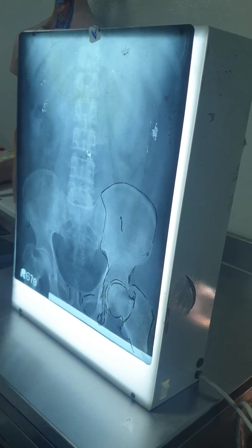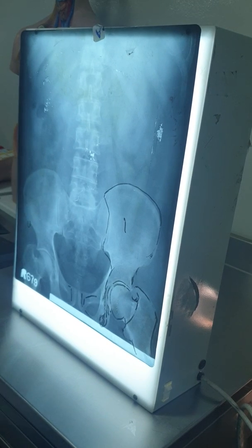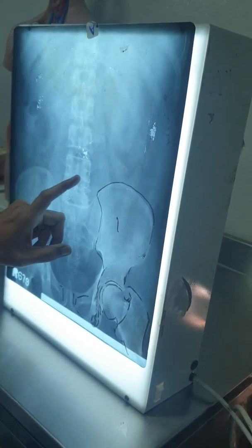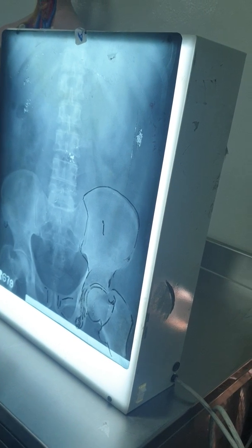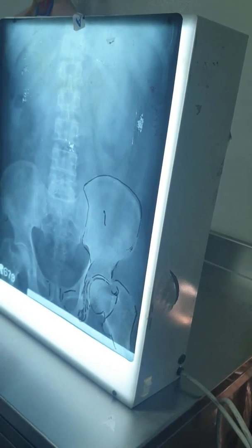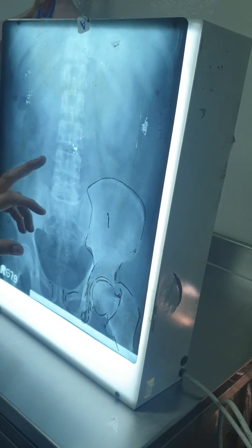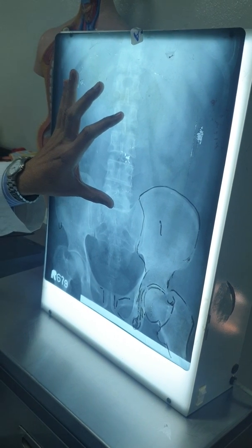Transverse process in the lumbar vertebrae is small. It's not like thorax or other regions, so you can see only some part overlapping. So that is about the lumbar vertebra.